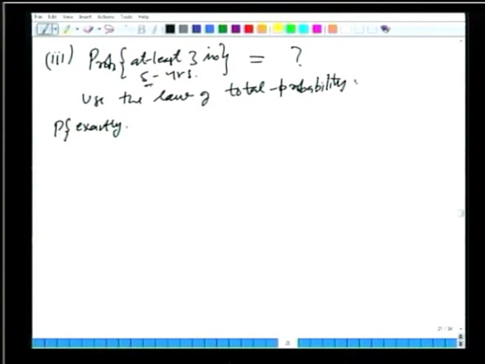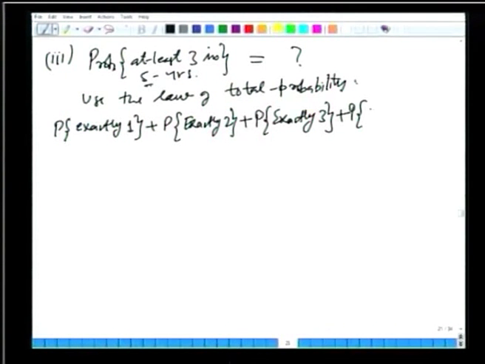exactly once, the March runoff being greater than or equal to 4 centimeter will occur exactly once, plus probability of March runoff being exactly twice, plus exactly 3 times, plus probability of March runoff being equal or exceeded by 4 centimeter exactly 4 times, plus the probability of March runoff being exceeded by 4 centimeter exactly 5 times in 5 years.